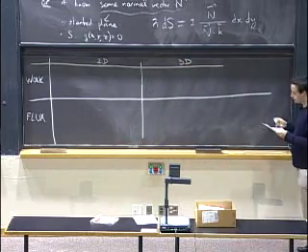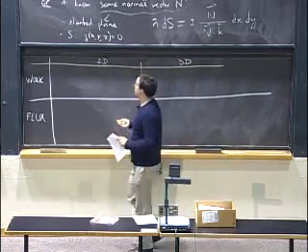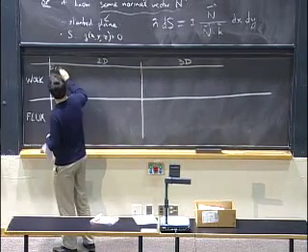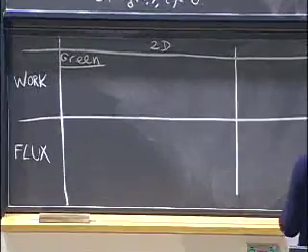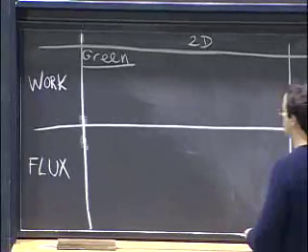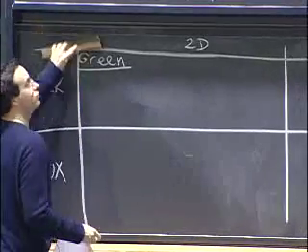So what have we seen? Well, we've seen Green's theorem for work. That doesn't work so well because it's too small, so I'm going to actually use more blackboards to do that.